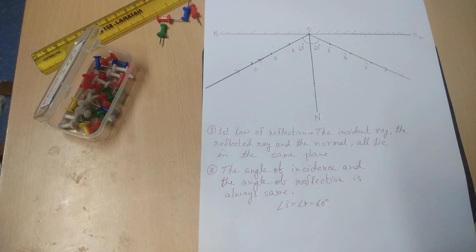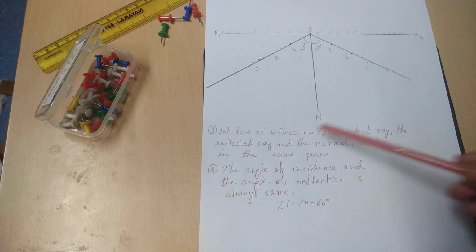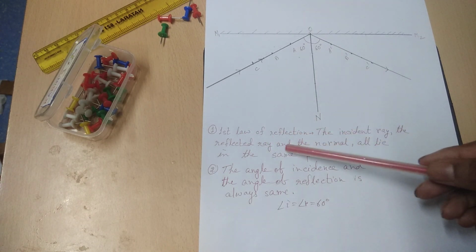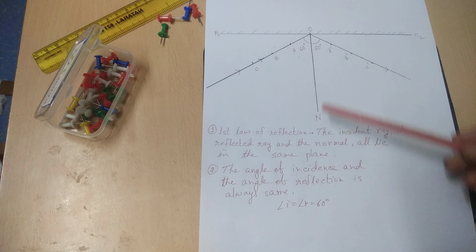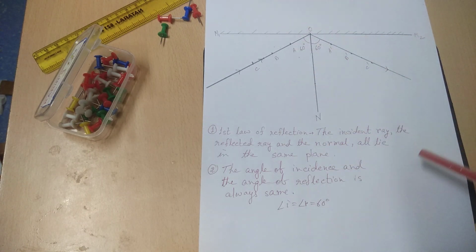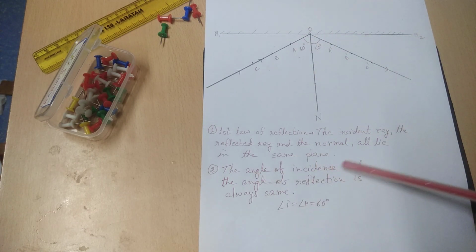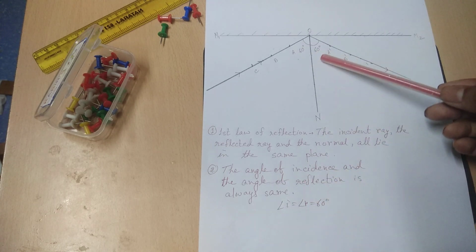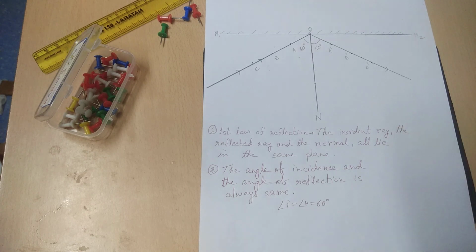From this experiment, we conclude the first law of reflection, that is the incident ray, the reflected ray and the normal all lie in the same plane, that is in the plane of the paper. And number 2 is the angle of incidence and the angle of reflection is always same. That is angle I is equal to angle R. Here we are getting that 60 degree. In this way we verified the reflection of light.